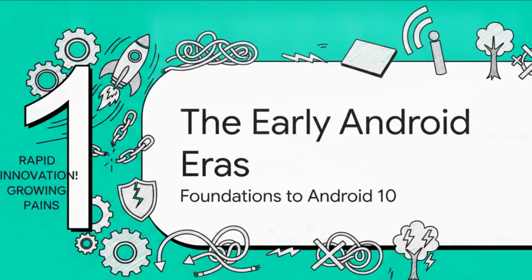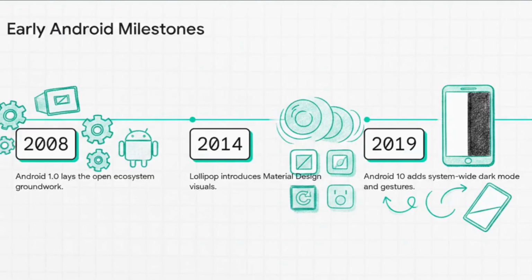All right, Section 1, the early Android eras. It is almost unbelievable how fast we sprinted forward. We started out with just basic widgets and the Android Market way back in 2008. Then, boom, by 2014, Lollipop completely overhauled the visuals with Material Design. And fast forward to 2019, Android then brought us those refined, unified designs that we just totally take for granted today.